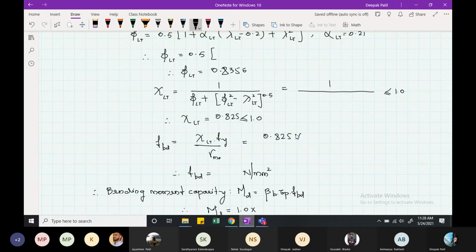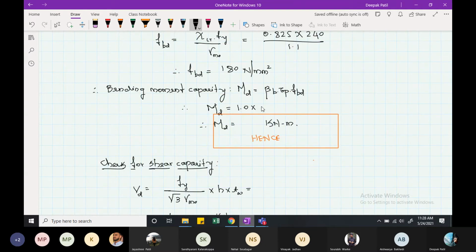Then easily you can calculate the FBD, that is 0.825 multiplied by 240 divided by gamma m naught equal to 1.1, and you will get the value of FBD as 180 Newton per millimeter square. And you can get the design moment capacity Md as beta B into ZP equal to 3986.6 into 10 raised to 3 multiplied by FBD, which is equal to 180.